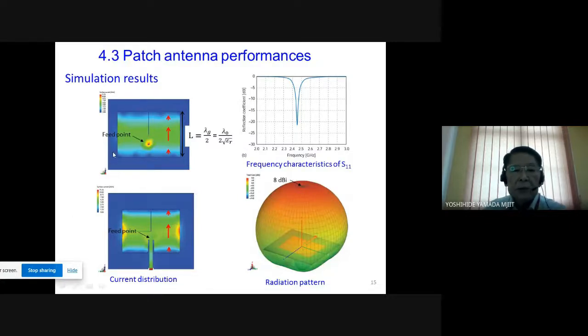The simulation result becomes like this one. S11 is very small, less than minus 20 dB. And this shows the H field corresponding to the electric current.